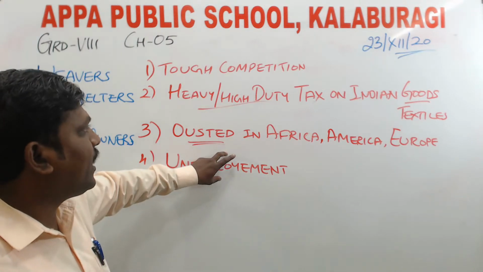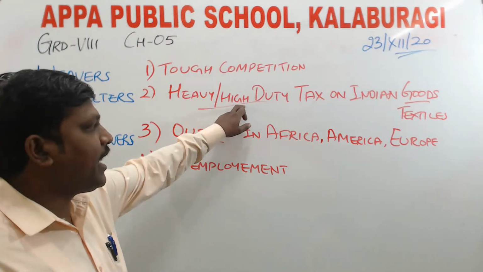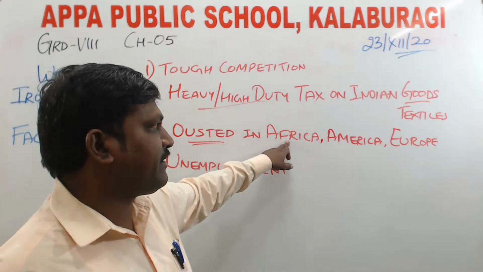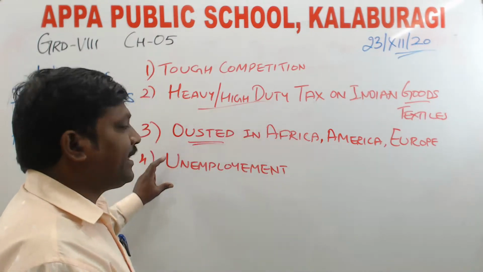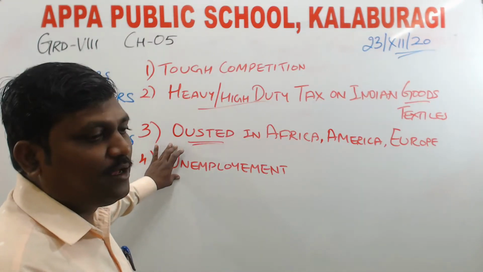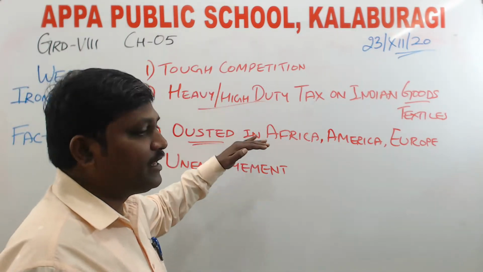When this heavy duty was imposed on Indian goods, Indian textiles were ousted in parts of Africa and America. So the demand for Indian textiles in the European market reduced.